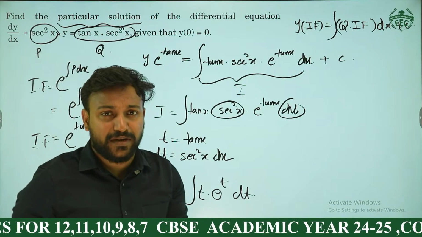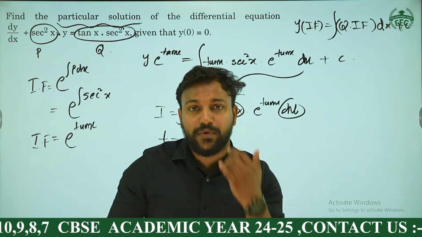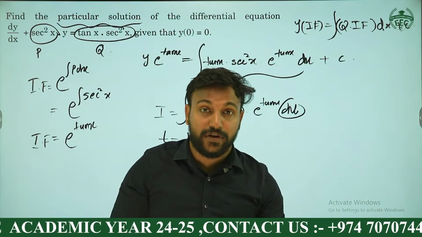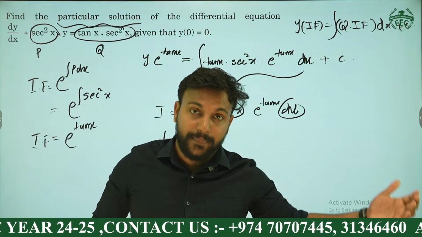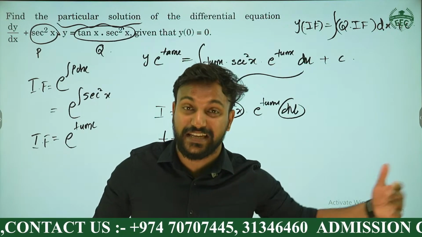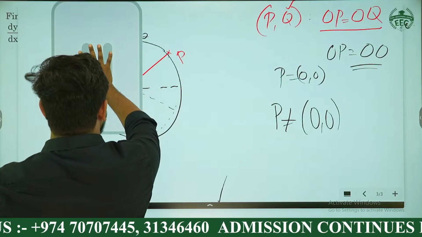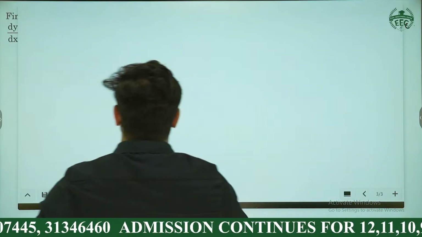What is integration by parts? If two functions are multiplied together and you want to integrate that, then what you will do? The first function into integral of second function minus integral of derivative of first function into integral of second function dx plus c. I'm going to write that equation right here. Listen.